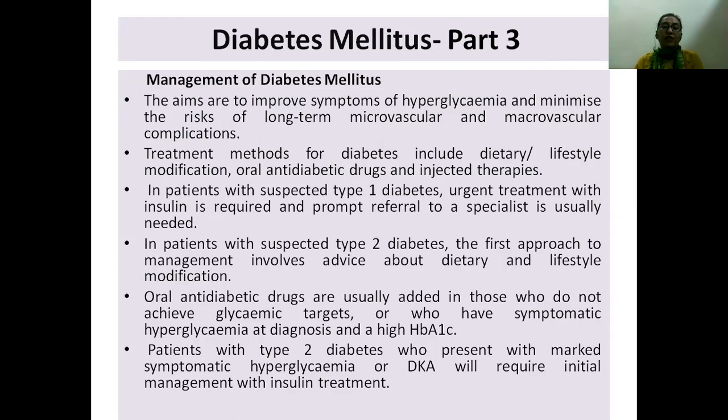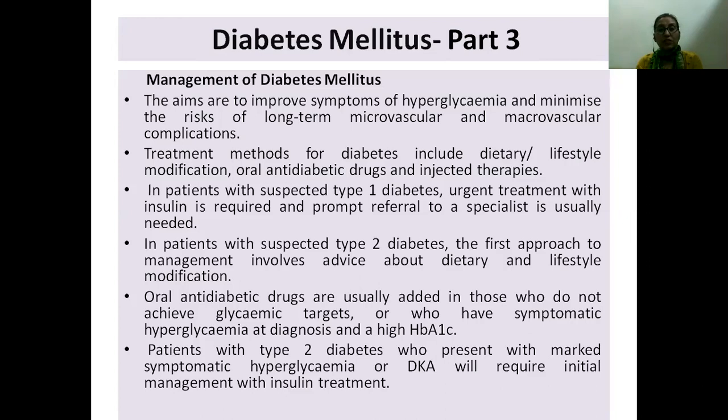Now, how to manage diabetes mellitus? What are the aims of the management of diabetes mellitus? Aims are to improve symptoms of hyperglycemia and minimize the risk of long-term microvascular and macrovascular complications. Treatment methods for diabetes include dietary and lifestyle modifications, oral anti-diabetic drugs, and injected therapies.